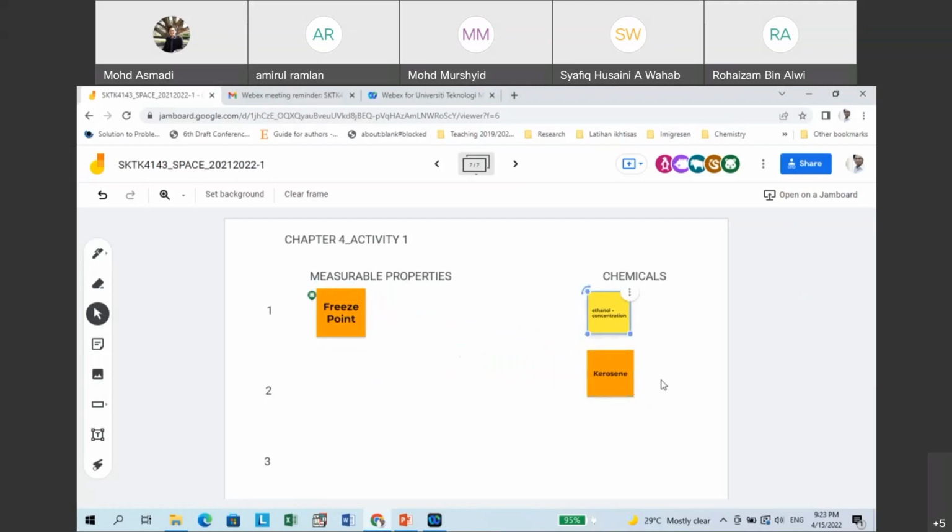Cuba bawa. Corrosion ni siapa letak corrosion? Naim, tulis lah sini. Tadi saya dah kasih tahu jawapan.